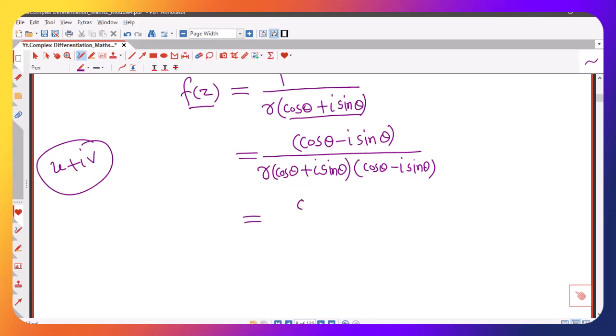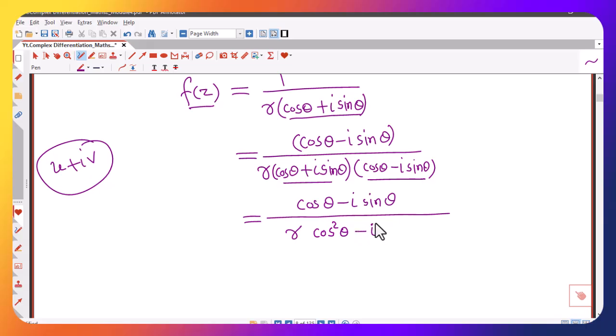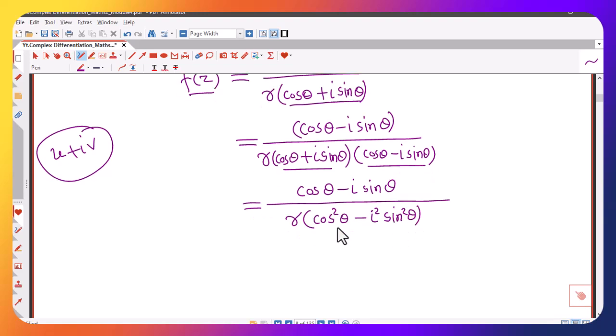Then we keep this numerator as it is, cos theta minus i sin theta as it is, and here we can apply that formula, that a plus b into a minus b equal to a square minus b square. So a is cos theta, so we have cos square theta, minus b is i sin theta, square of i sin theta is i square times sin square theta.